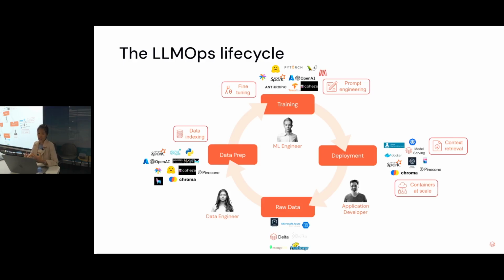When we talk about data prep right now, a lot of this usually means putting your data into a vector index. So how many people don't know what a vector index is? Okay, so how many people do know? Oh, okay, a fair few.